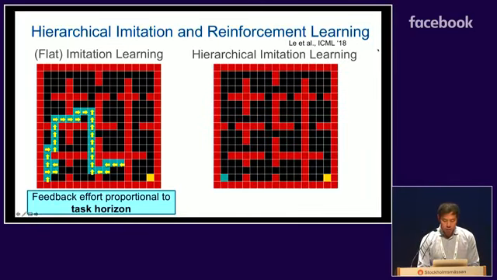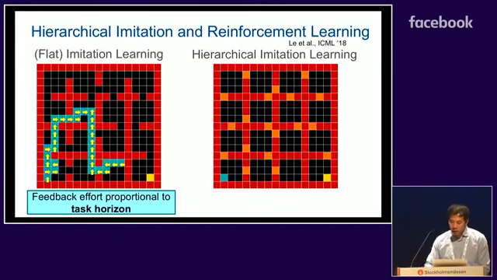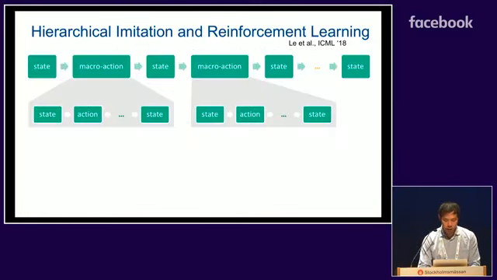In this case, we would want to have a high-level policy that decides which macro actions we're going to take. For example, a macro action in this case would correspond to going to one of the exit doors given the room that you're in. In this paper, we propose a type of expert feedback that essentially requires much less effort from the teacher.